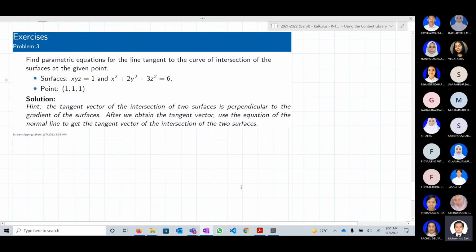Find parametric equations for the line tangent to the curve of intersection of the surfaces at the given point 1, 1, 1. So how should we do this? The hint is that the tangent vector of the intersection of these two surfaces is perpendicular to the gradient of the surface.